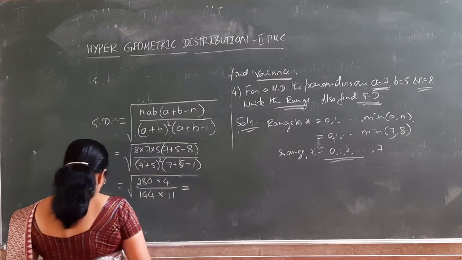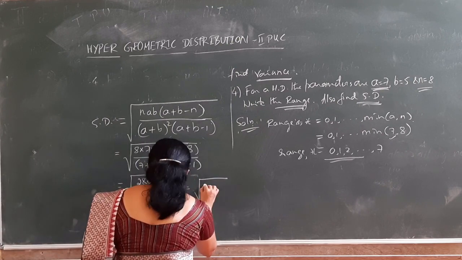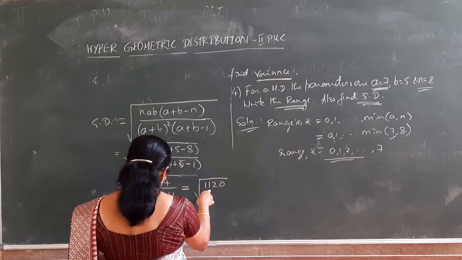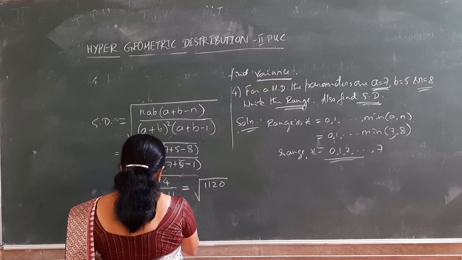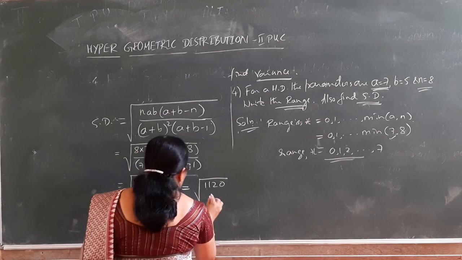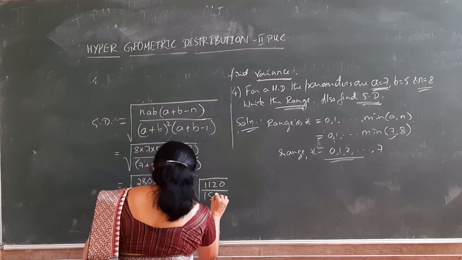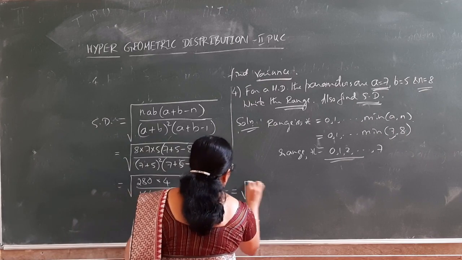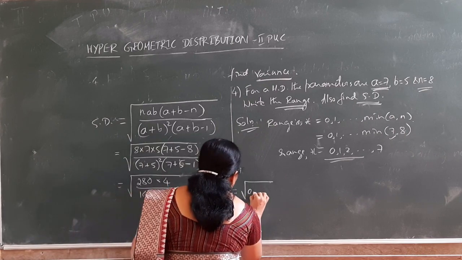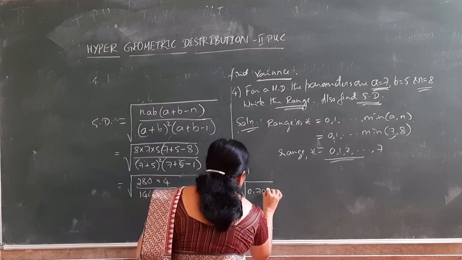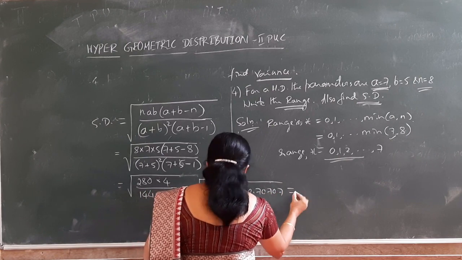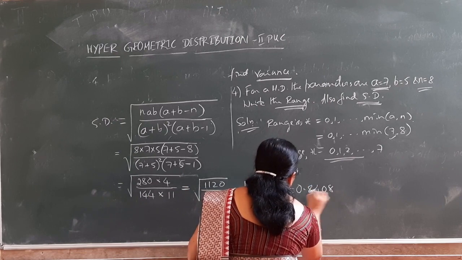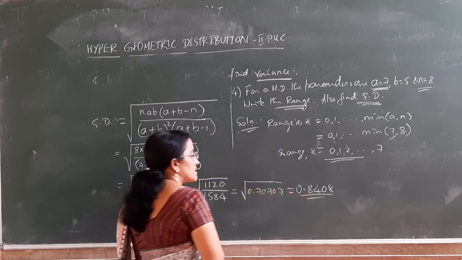Which is equal to the square root of 1120, that is 280 into 4, divided by 144 into 11, that is 1584, which is equal to the square root of 0.70707. The answer is 0.8408. Simplify this, you will be getting the answer.